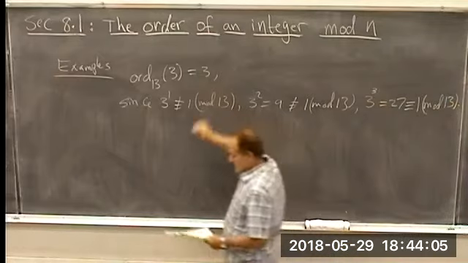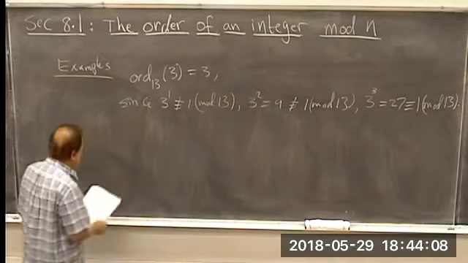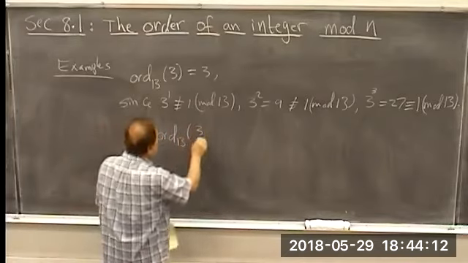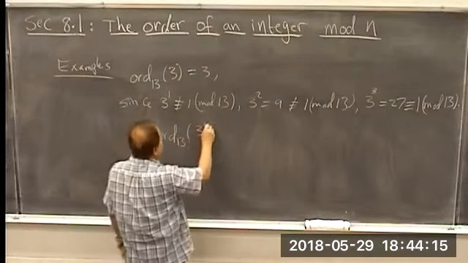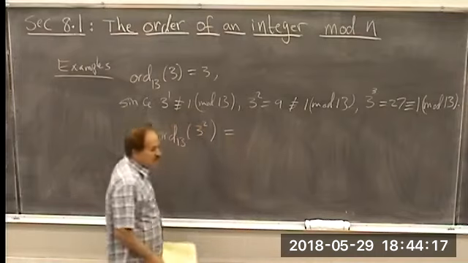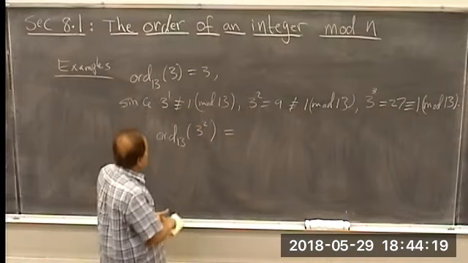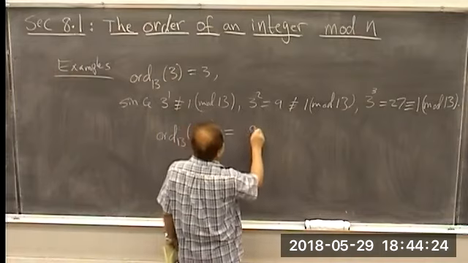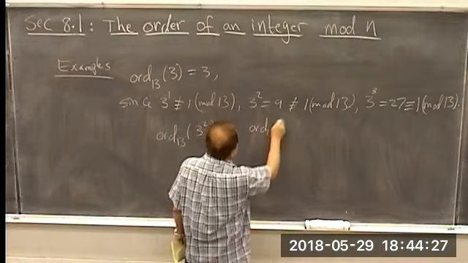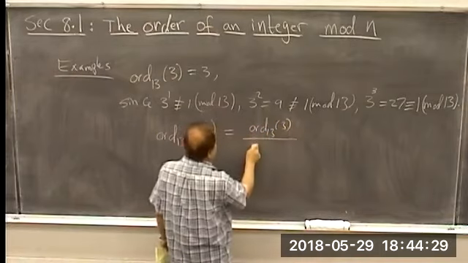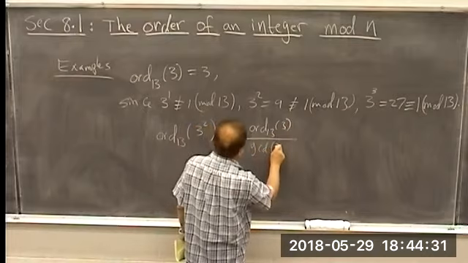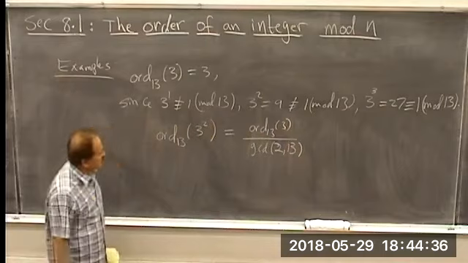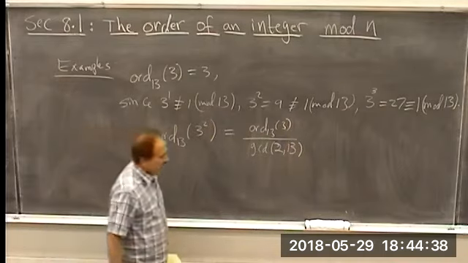So we have this. Now, by the theorem, if we want to look at the order of, let's say, 3 squared, according to the theorem, it's going to be the order of 3 divided by the greatest common divisor of the exponent 2 and the order 3.